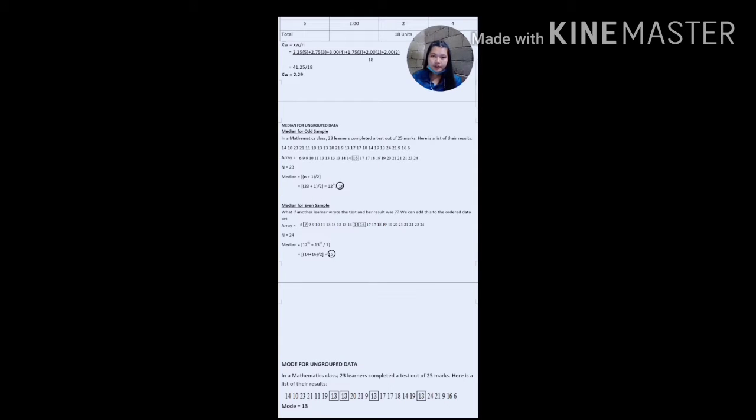Median for ungrouped data. For odd sample, in a mathematics class, 23 learners completed a test out of 25 marks. Here is a list of their results. To calculate the median of this data, first put the data in order from lowest to highest and then get the total number of scores.